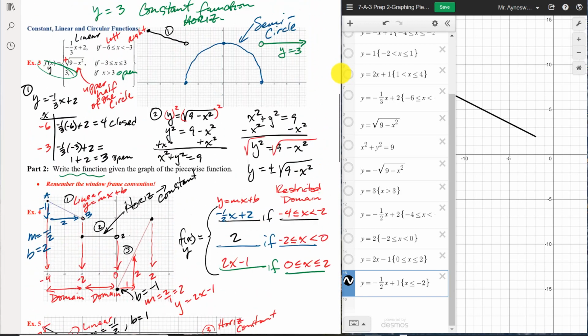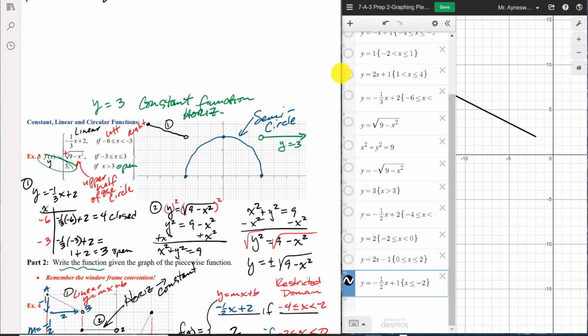Now, let me go back to the previous one here. On this circle, I forgot to mention one thing: it had a radius right here of 3. R is equal to 3. That's called the radius. Now notice there's a 9 involved. Now the general equation of any circle with center at the origin, let's put it up here.